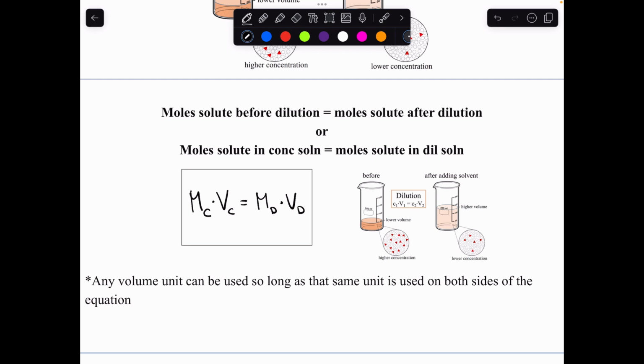It's a proportionate relationship of how adding water will keep the moles unchanged. This beaker and this beaker would have the same total amount of triangles, but since molarity is moles per liter, this one has a lower molarity.